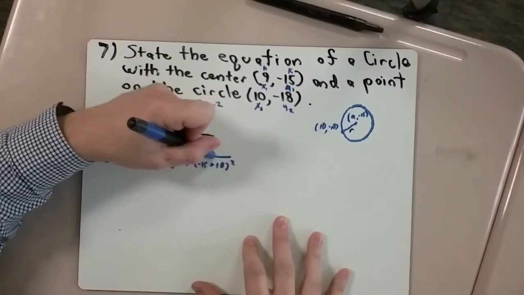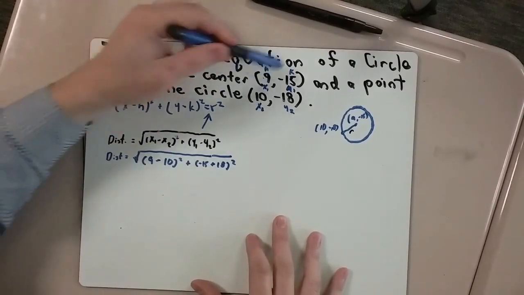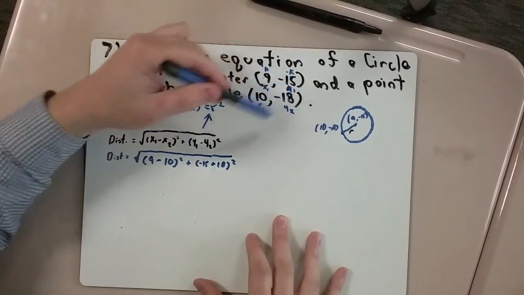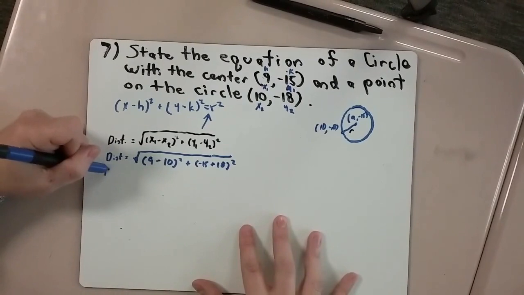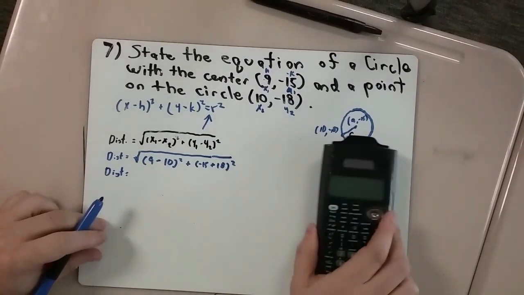Before I punch this in, I'm going to double check and make sure I did this right. So x1, x2, y1, y2. And now really what I'm going to do is just plug that right into the calculator at once.